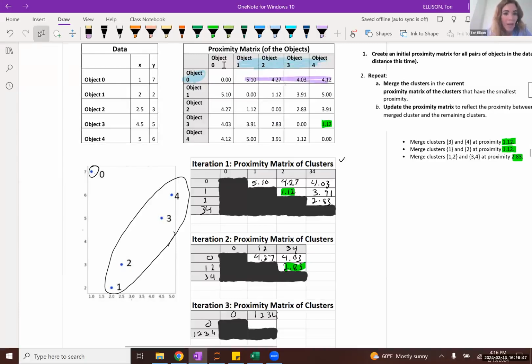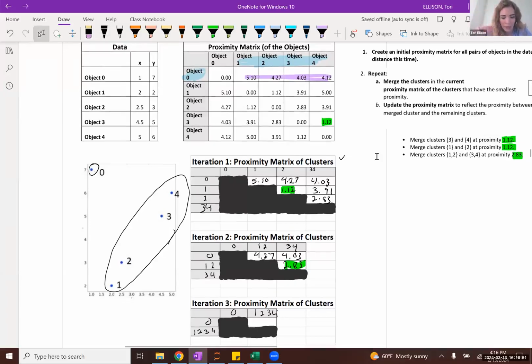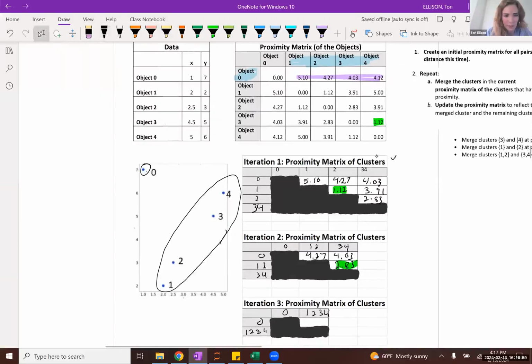Using the single linkage function to measure the distance between 2 clusters, we see that observation 0 and observation 3 are the 2 closest points in these 2 clusters with a distance of 4.03.